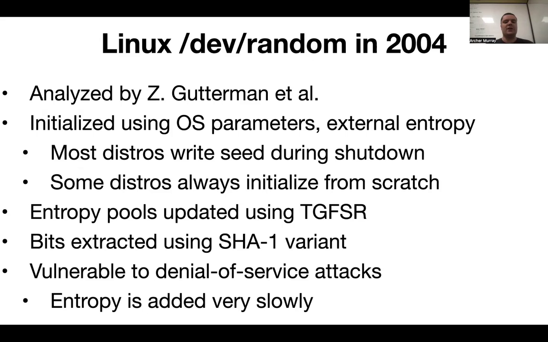Also, they ran an experiment where they let a Linux computer idle for 10 days, and they found that it had accumulated 17,500 bits of entropy, which isn't that much. If you're using /dev/random a lot, especially if an attacker is using it a lot, this makes it very vulnerable to denial of service attacks.